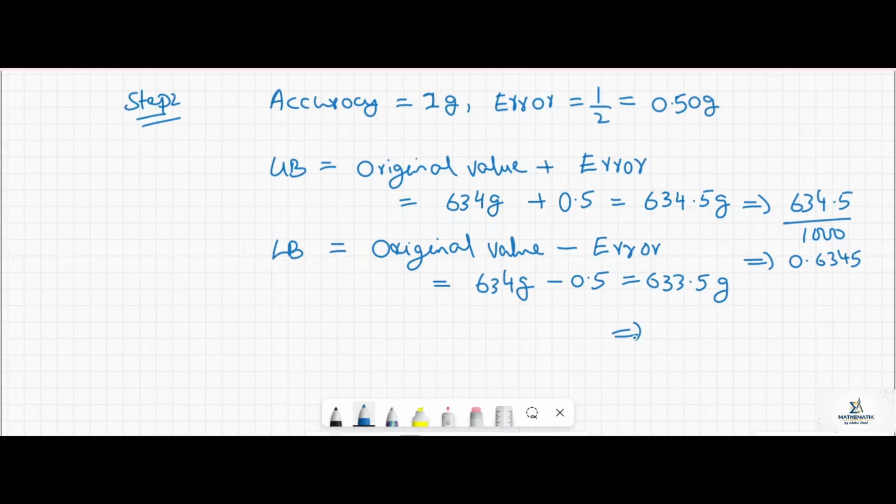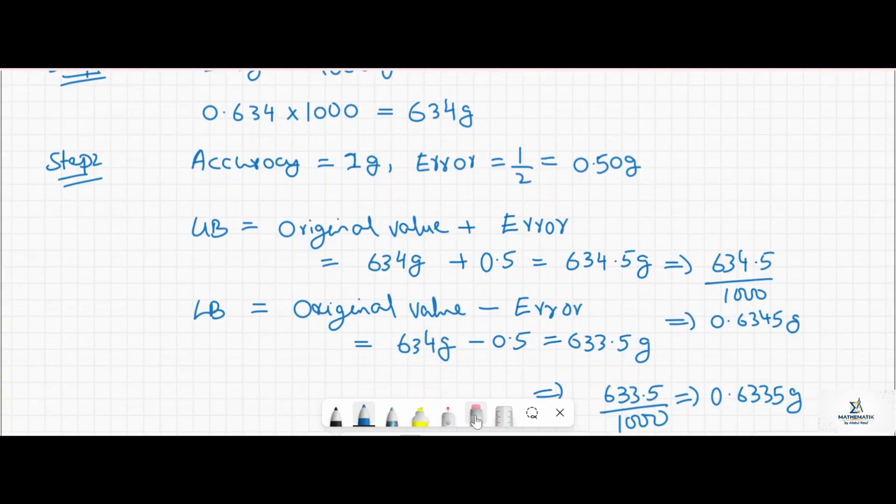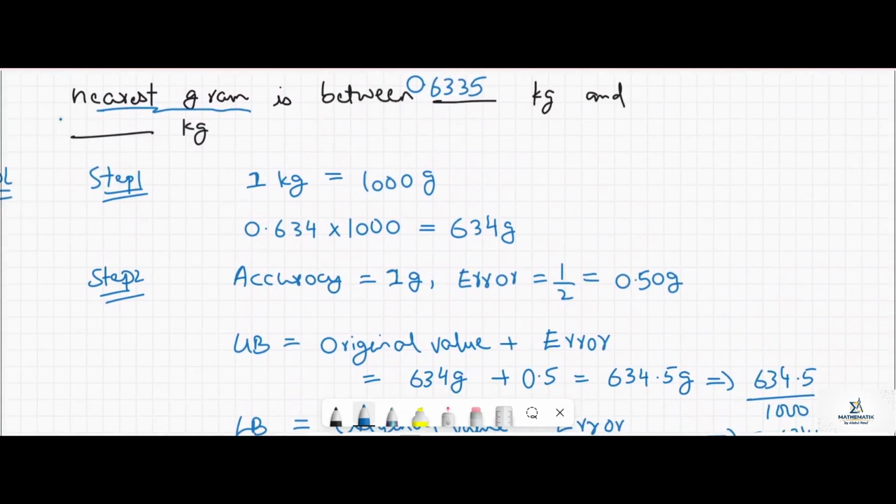And while converting this 633.5 divided by 1000, you will get 0.6335. Sorry, there should be a kg. So this is not a correct term. Let me correct it. So this is in a kg. 0.634 kg.